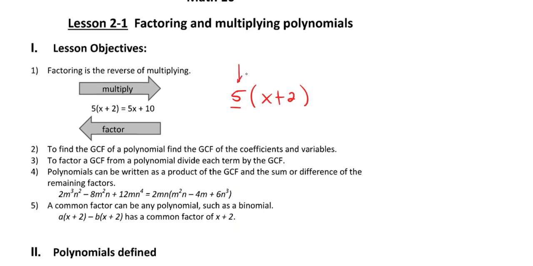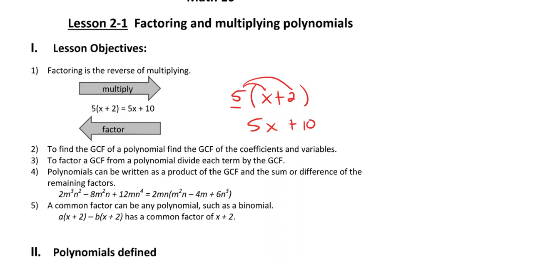This is what's called a monomial times a binomial, one term and two terms. Do you remember how we did this with the rainbow? How I go 5 times x and then 5 times 2? So 5 times x you can just write as 5x. And then 5 times 2 was positive 10, so that was just plus 10, right?